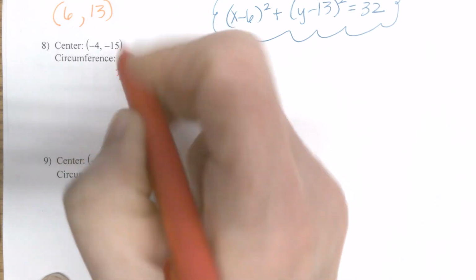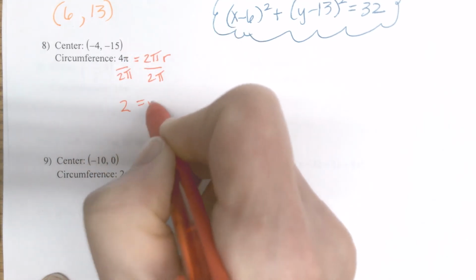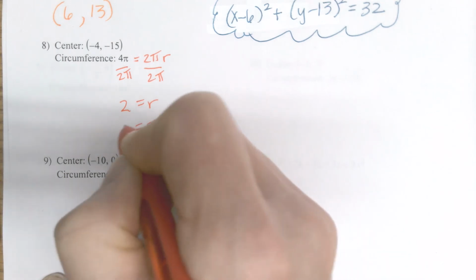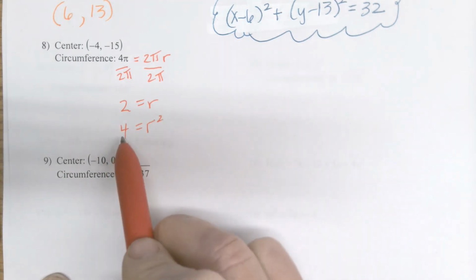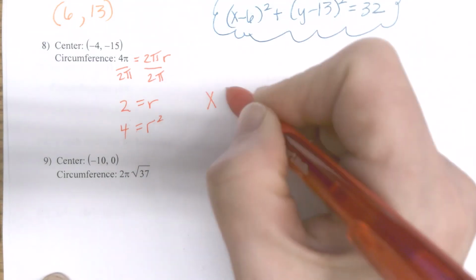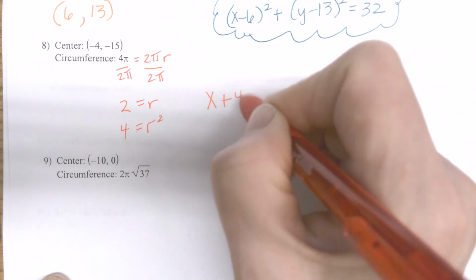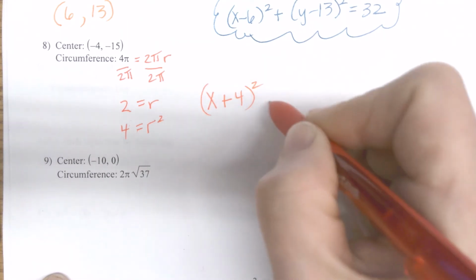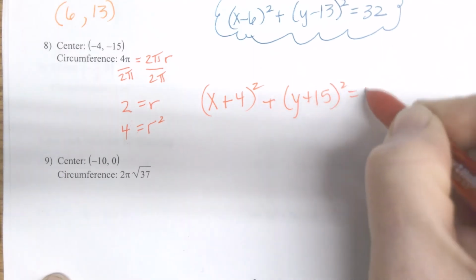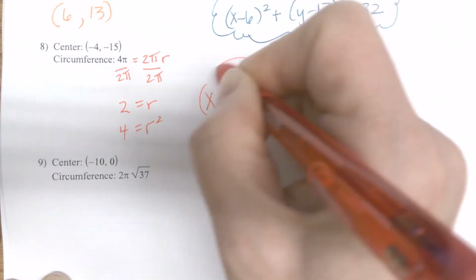And 4 pi divided by 2 pi is 2. Now I get my radius. Remember, though, that I need to do the radius squared when I plug it into my formula, so I'll be using 4. So this would be (x plus 4), because minus negative 4, quantity squared, plus (y plus 15) equals 4 for the final answer.